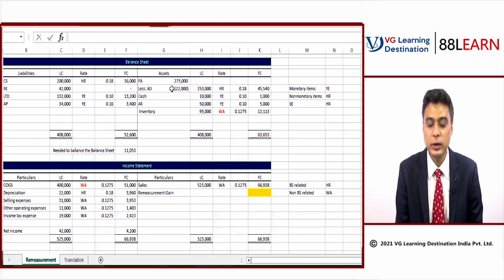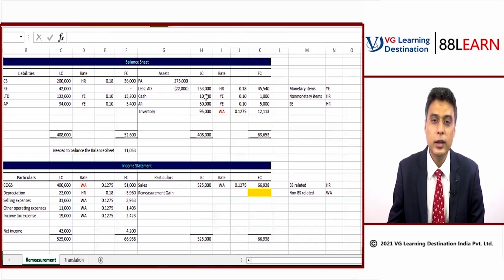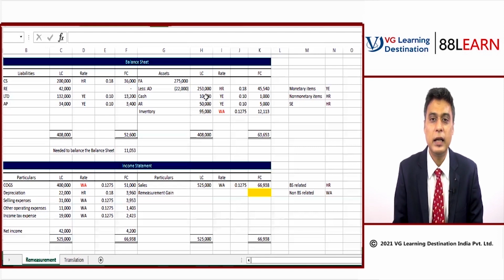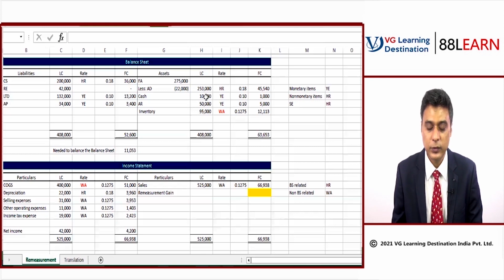Fixed assets less accumulated depreciation is a monetary or a non-monetary asset? So first of all, what are monetary and non-monetary assets? Monetary, which are going to be fixed in value, right? And non-monetary, which are going to have fluctuation in value due to inflation, deflation, other general price level changes, other factors, right?